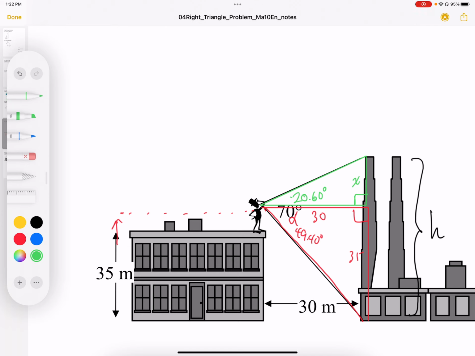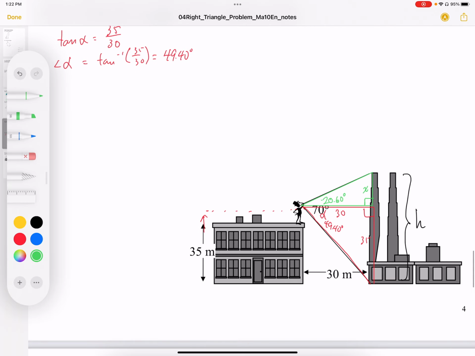So setting this up, we know two sides of that green triangle. Okay, so I'm going to set it up like this. Again, we're going to use tan. So we're going to say that the tan of angle 20.60 degrees is going to be equal to the opposite over the adjacent side of 30.